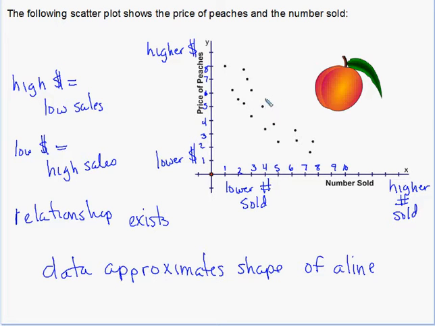Some people might, because they really want peaches and have the money, but most of us are going to say no, thank you. But when we go back 2 weeks later and they're on sale for $1.50 a pound, we'll buy a bunch of peaches. When the price is high, the sales go down. The higher the price, the lower the sales.